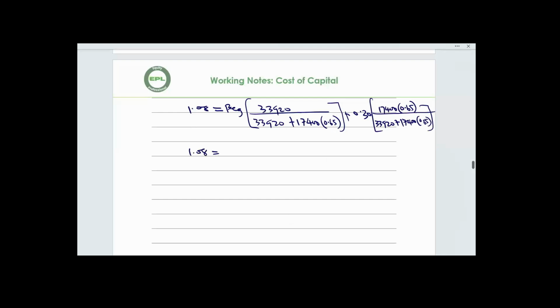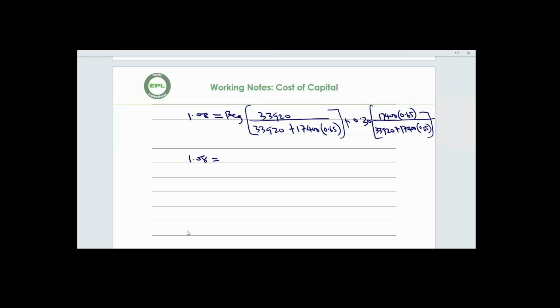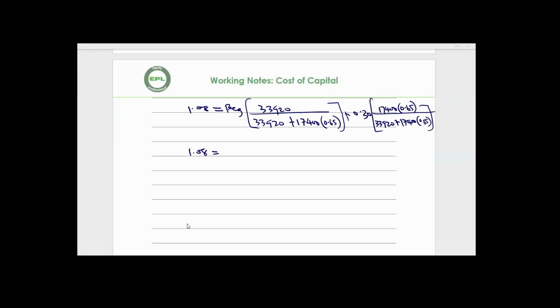We start from the denominator, 0.65 multiplied by 17.4, that's 17,400, equal. Then plus 33,920 plus 33,920 equals 45,230.